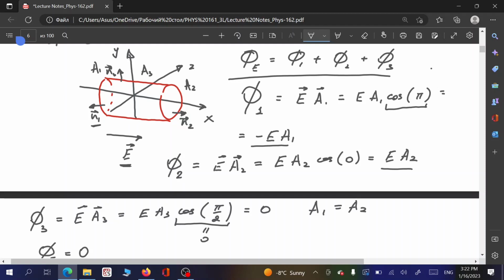Obviously, there are some charges somewhere outside, because this external electric field should be created by something. So there should be some source of electric field which creates this uniform electric field E. However, this source is not located inside the closed surface, or is not enclosed by this surface of our consideration.